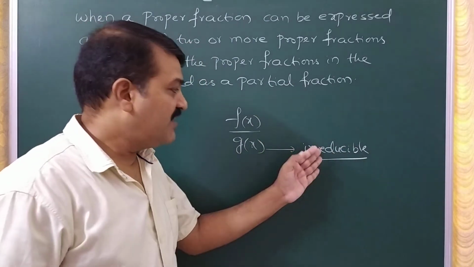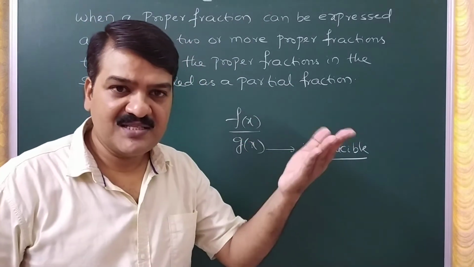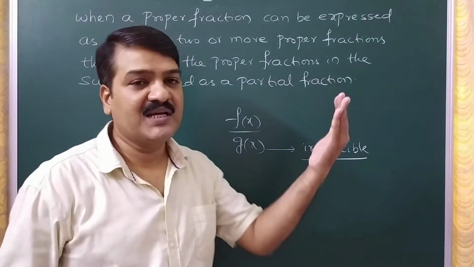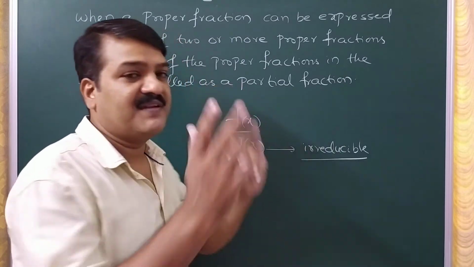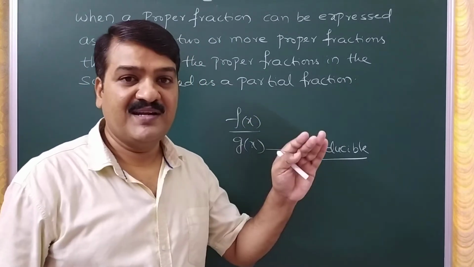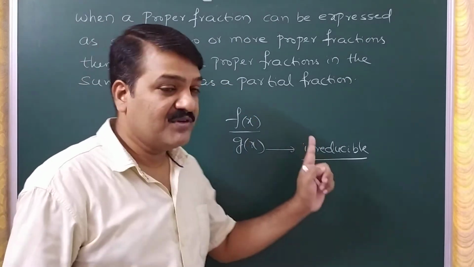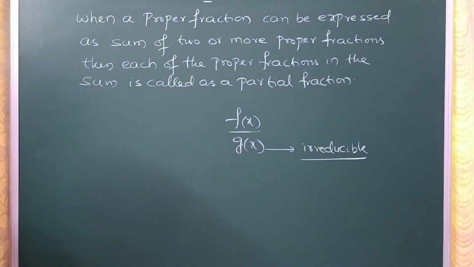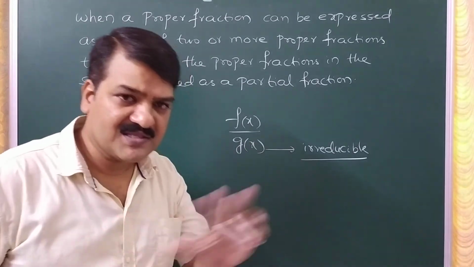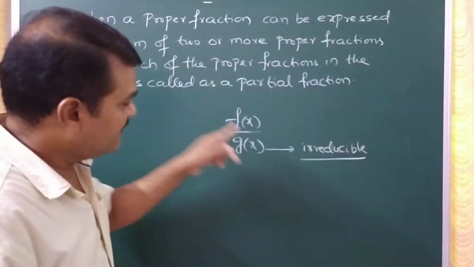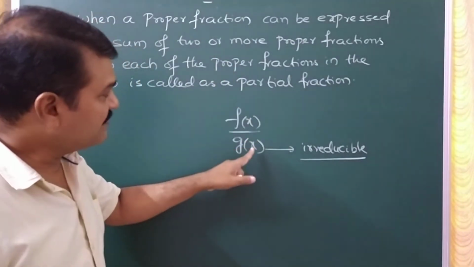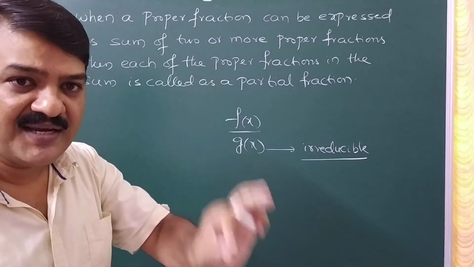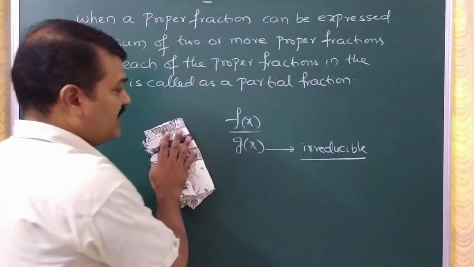That is, if the denominator can be factorized, first you have to factorize. Then only we will come to what the partial fractions of these are. All those things we'll discuss. But first you have to factorize if possible. So even in the definition, you have to take that the denominator must always contain irreducible factors only.